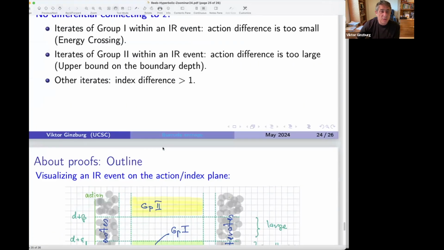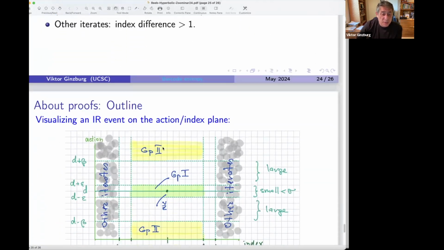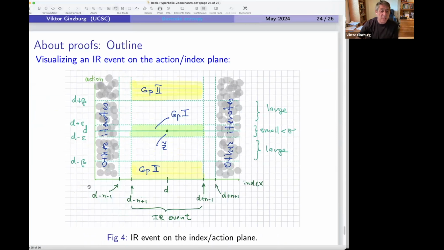And now I'm going to take the index action plane and plot the actions and indices of all orbits on this plane. So there are several regions here.